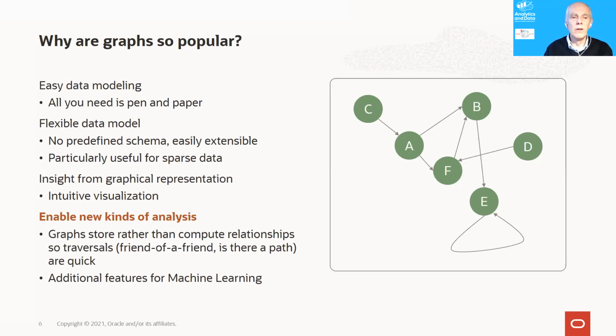Is there a friend of a friend of a friend who's connected, and so on? And increasingly, and that's also reflected by this Gartner report, people are looking into combining graph analytics with machine learning, using the metrics you can compute by means of graph analysis as input to a machine learning platform. OML, for that matter, would be one option.